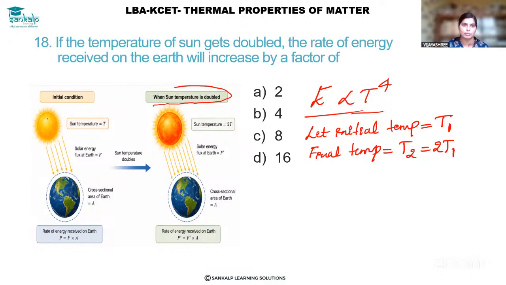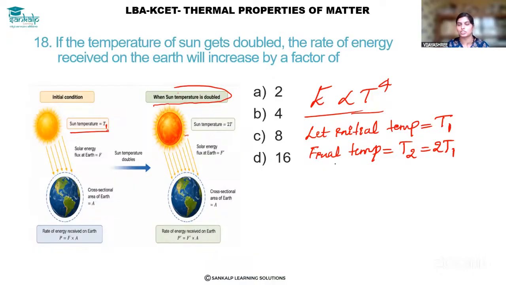Sun's temperature is doubled, meaning 2T, which is equal to T2, which is equal to 2 times T1.